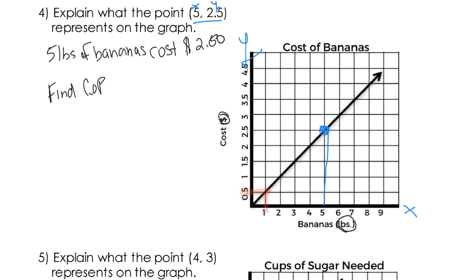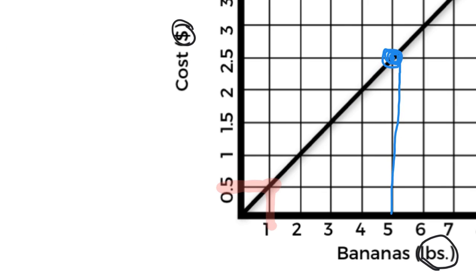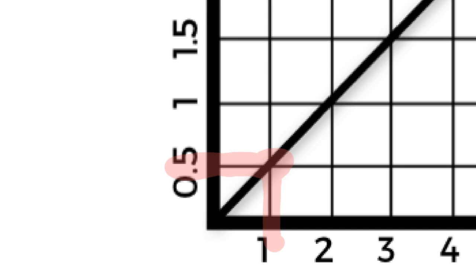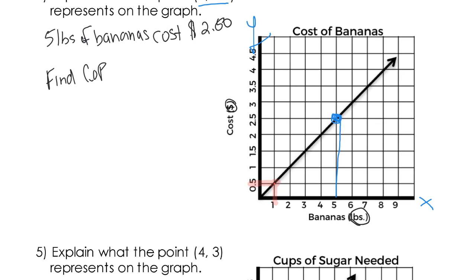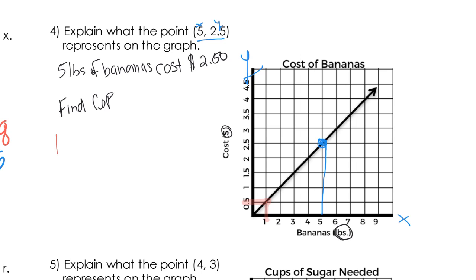We can zoom in if you need, but I would say that clearly crosses. So that means 1 pound of bananas costs 50 cents, or 0.50 of a dollar.